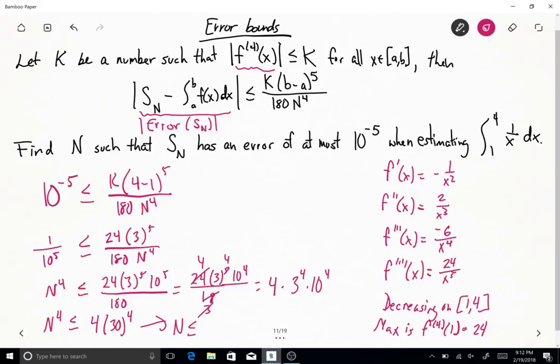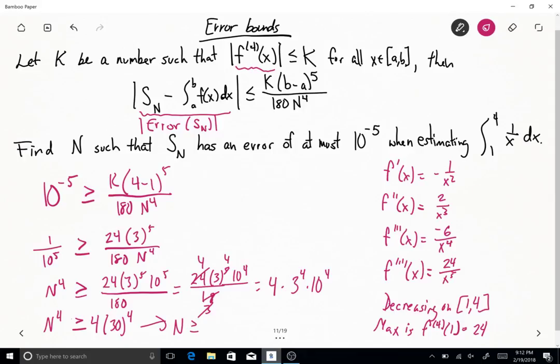Oh, okay. I see. We want that error bound to be less than or equal to this. So that's a worst case scenario. So the 10 to the negative 5th, that would be the worst case scenario. So we're flipping this around. My apologies there. So each of these should be flipped around.